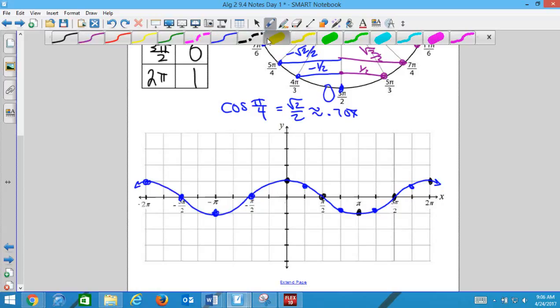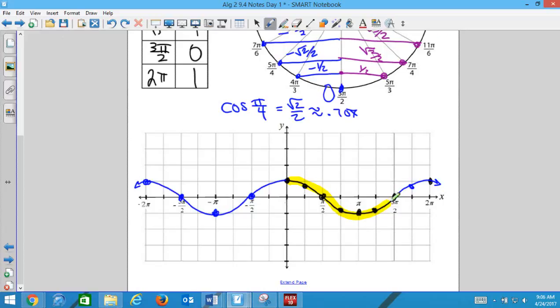But I'll highlight the one cycle so we have an idea of what cosine looks like to begin. And then the arrows at the end mean it goes on forever. So make sure you have arrows at the end.